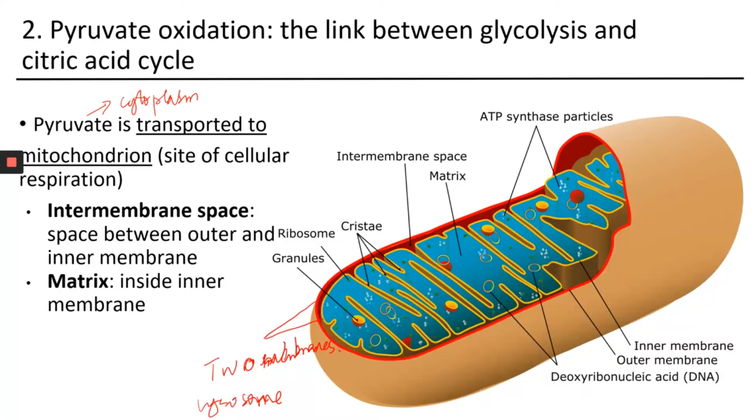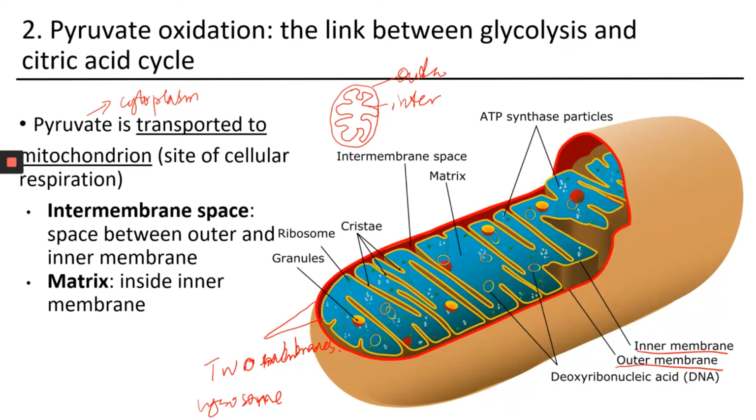So the outer one is called outer membrane, and the inside, which is here, that's inner membrane. So if I draw it here, this is the outer membrane, and then the inner membrane forms folds. So there you go. So that's the inner membrane, right? Okay, so outer, and then this is inner.